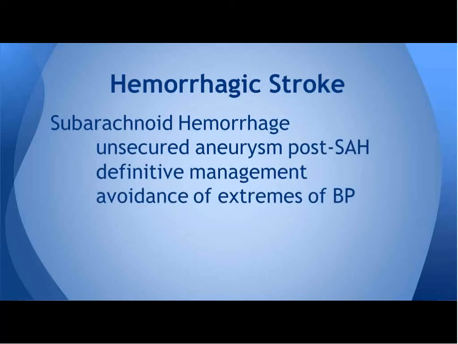Unsecured aneurysm post-subarachnoid hemorrhage. Again, you want definitive management, usually within 24 hours of their initial presentation. There's always a big debate: clipping, coiling, early, late. I let the proceduralists duke that out and go about my blood pressure control. But you want to avoid the extremes of blood pressure.